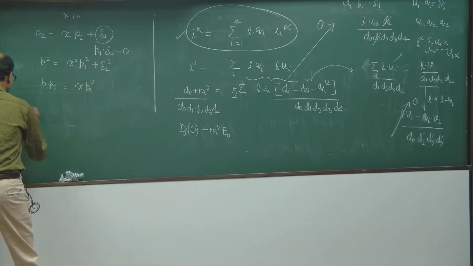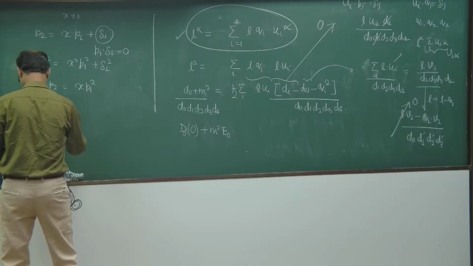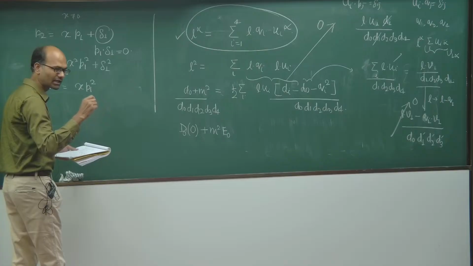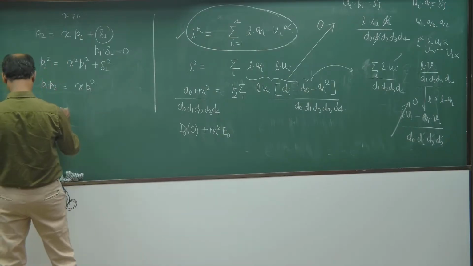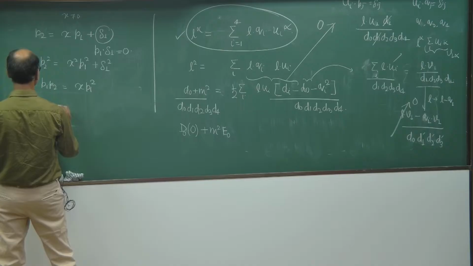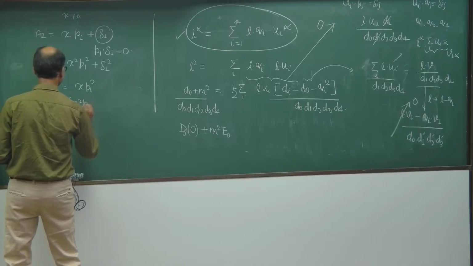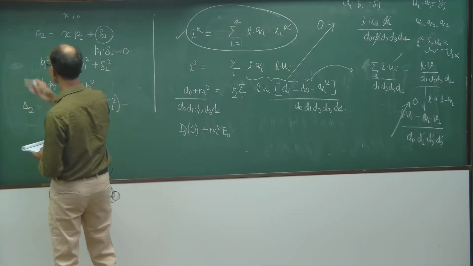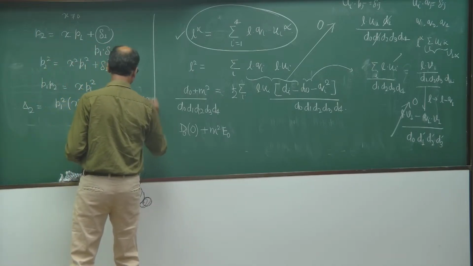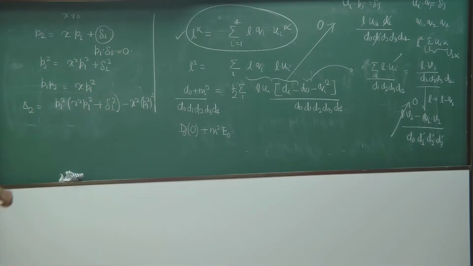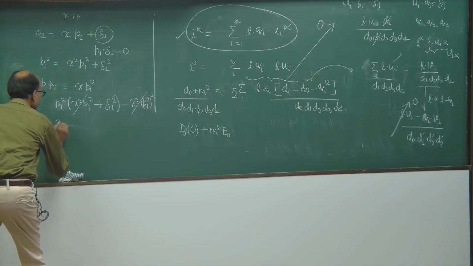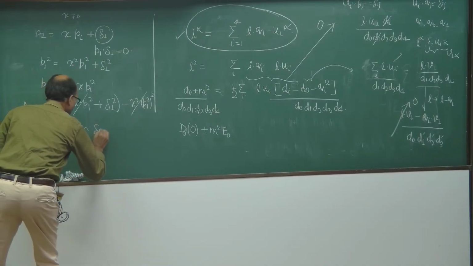Therefore, my Gram determinant, which is a naive way of showing the problem one would come across while computing the matrix element numerically, would be P1 squared times P2 squared, which is P1 squared times (x squared P1 squared plus delta perpendicular squared), minus P1 dot P2 whole squared, which is (x P1 squared) squared. I get rid of this term, and what I have is P1 squared times delta perpendicular squared, which goes as this.